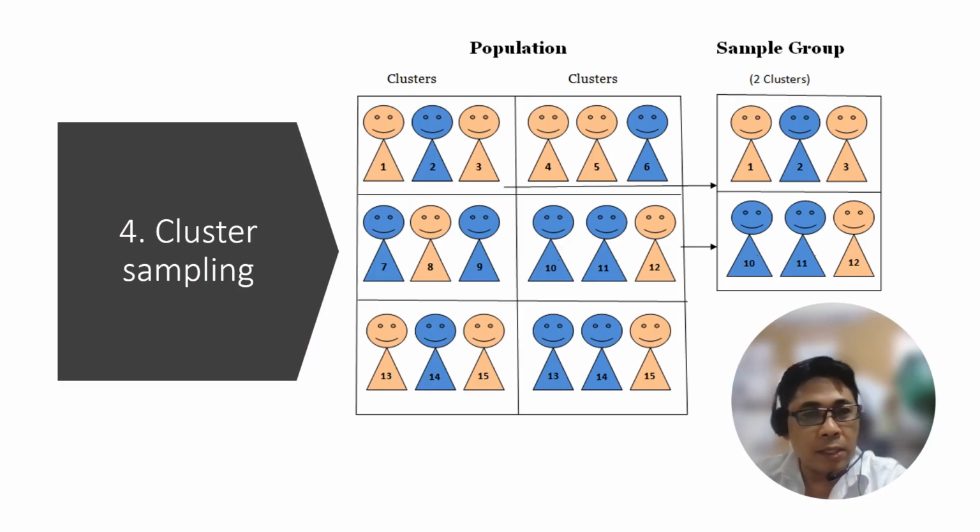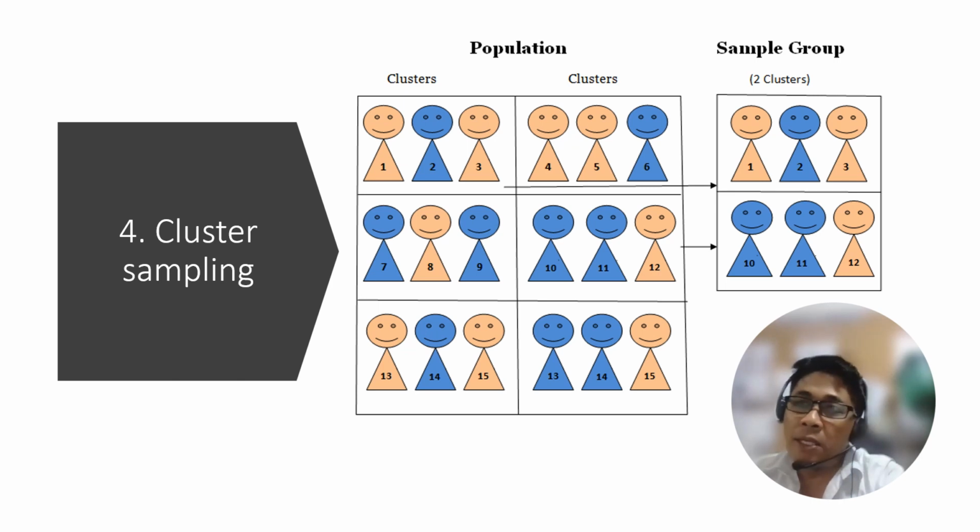So the fourth sampling under this method is cluster sampling. As illustrated in the drawing there in the caricature. So cluster sampling involves dividing the population into subgroups, but each subgroup should have similar characteristics to the whole sample. So instead of sampling individuals from each group, you randomly select entire subgroups.